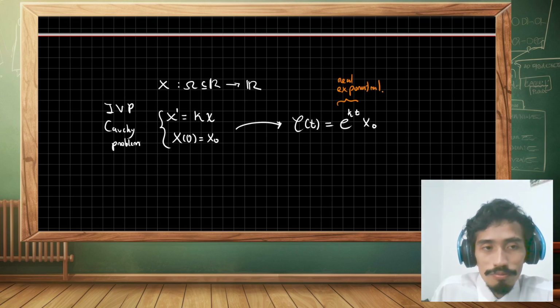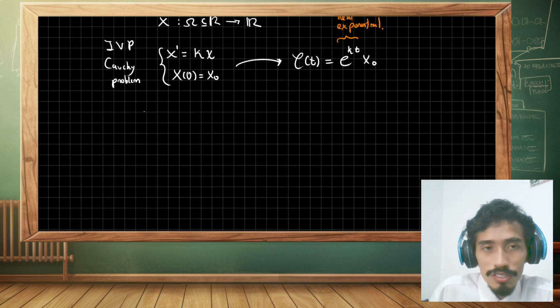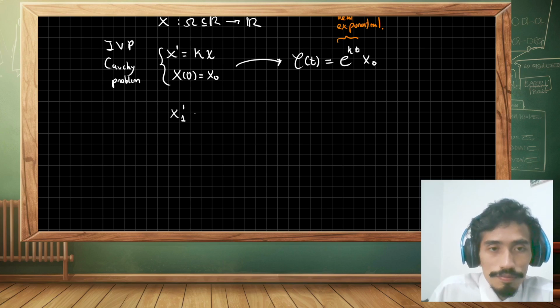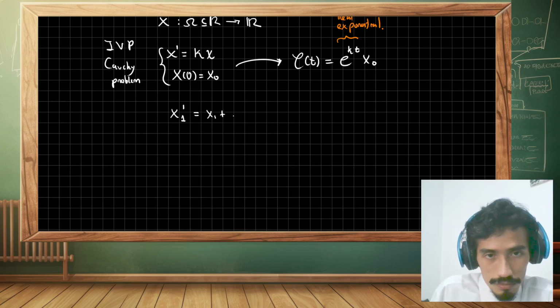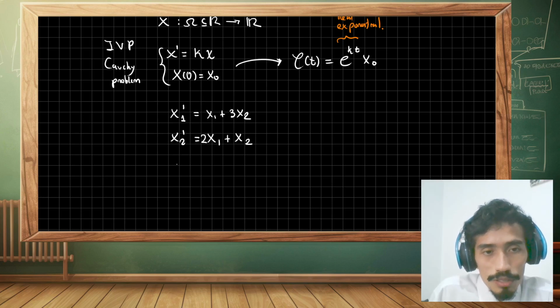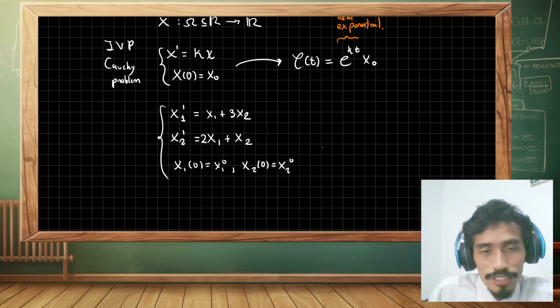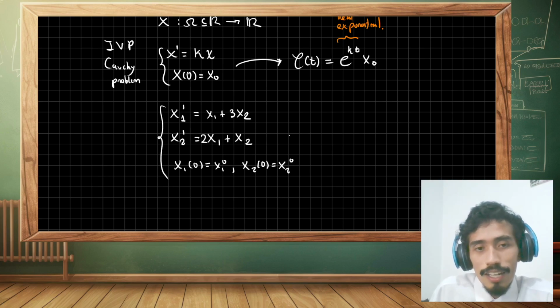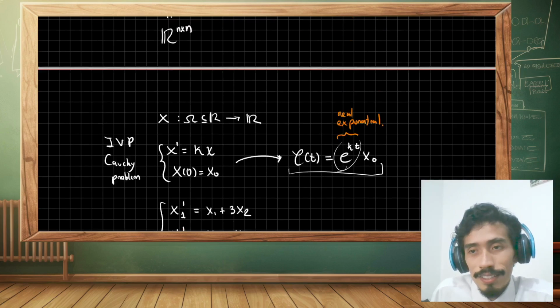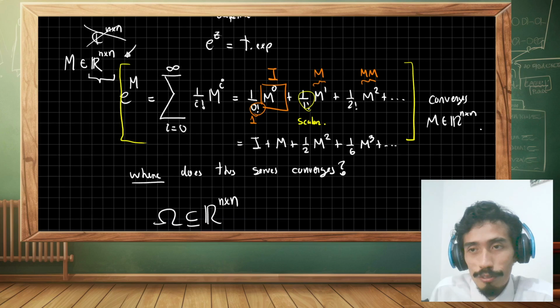So now in systems of linear equations like this, for instance, with some initial values, of course, you have a system of linear differential equations, and we wish to apply something similar to this, some exponentiation, and this is why we define this exponential of a matrix.